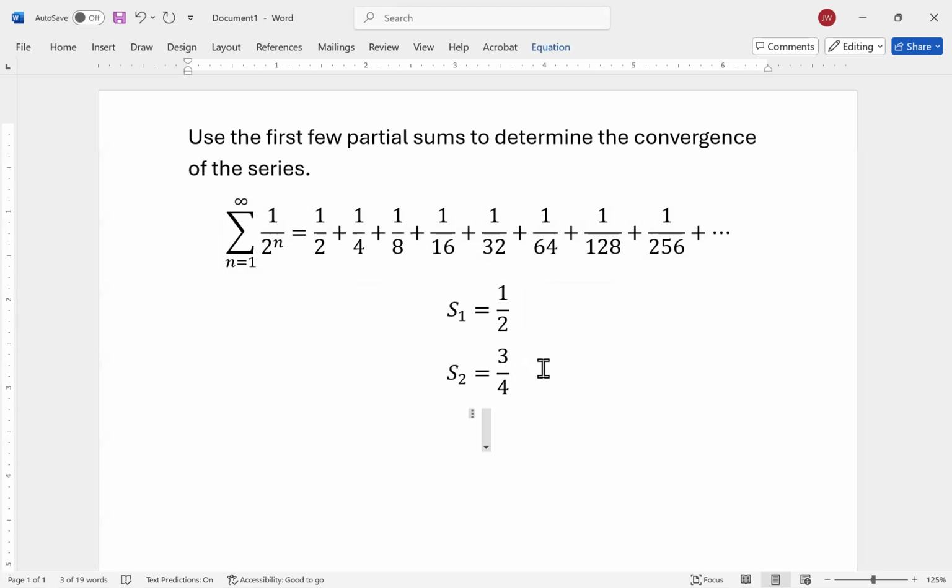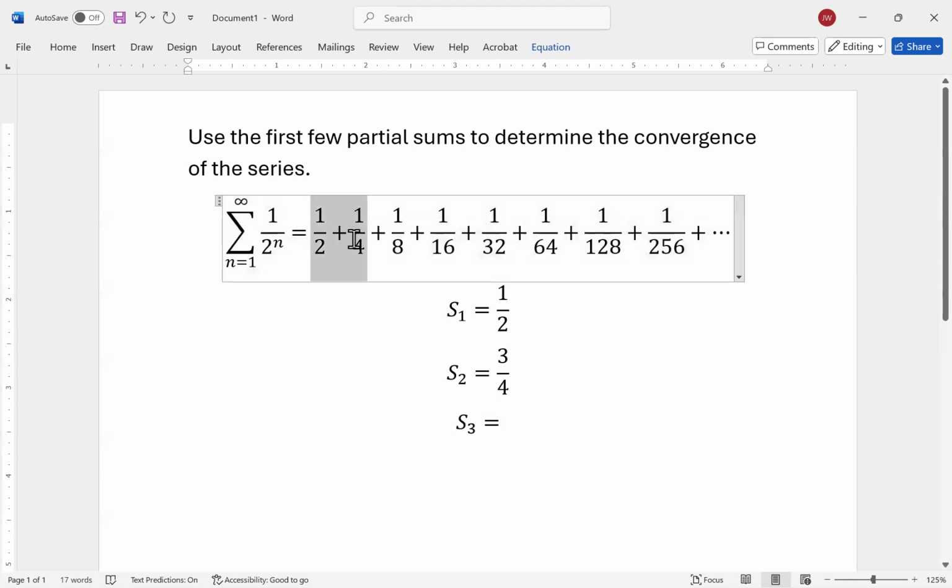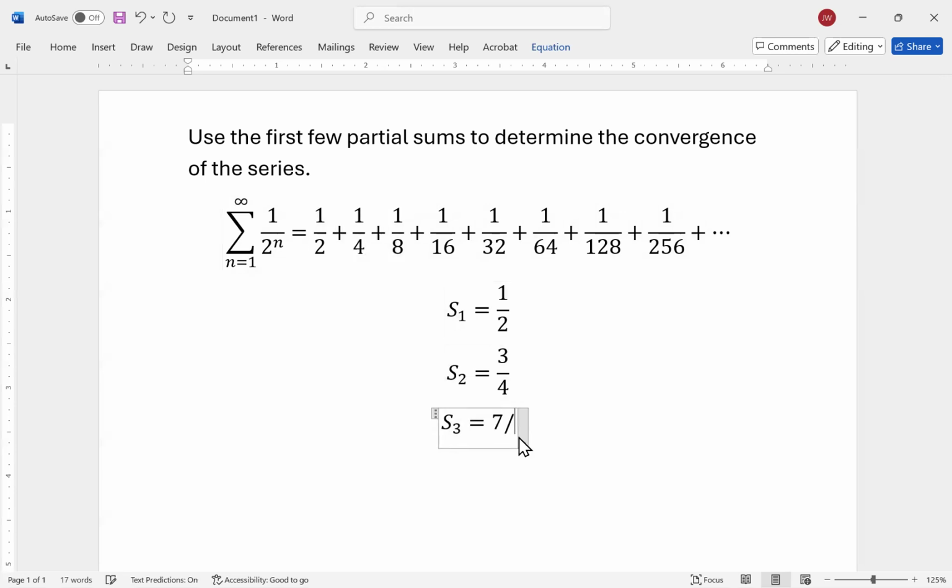It turns out that when you write this as a fraction, it'll become obvious what the partial sums go to. When I take 1/2 plus 1/4, that's 3/4, plus an eighth, I'm going to get 7/8 as a fraction.